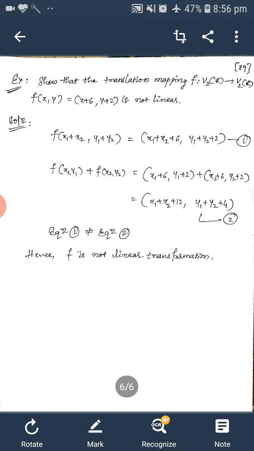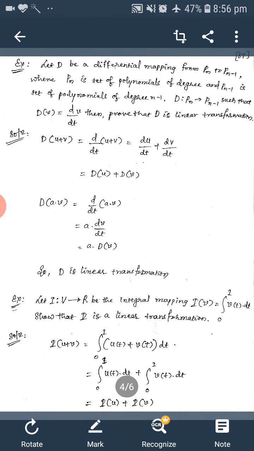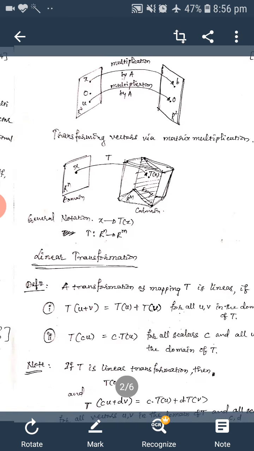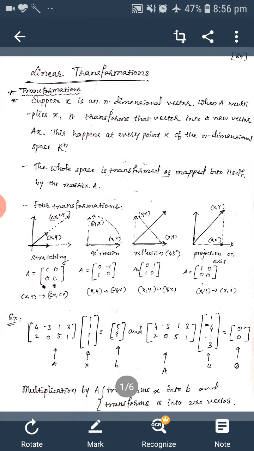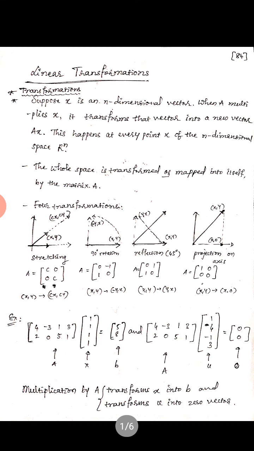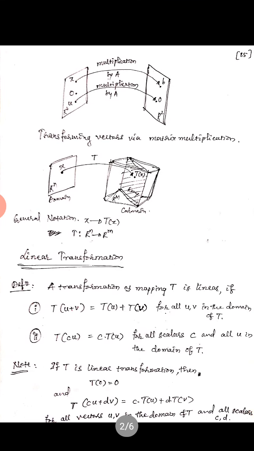Now this is the last topic in the vector spaces. Here we have seen what we mean by transformation and the types there are, like stretching, 90-degree rotation, reflection and projection. This is how we can show diagrammatically that it is transformed.